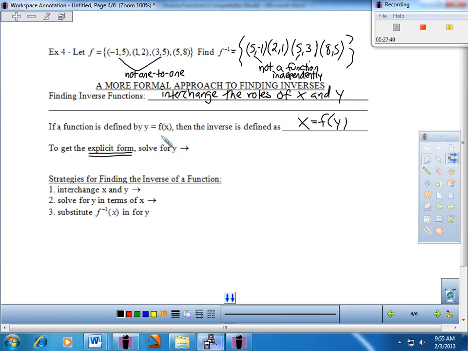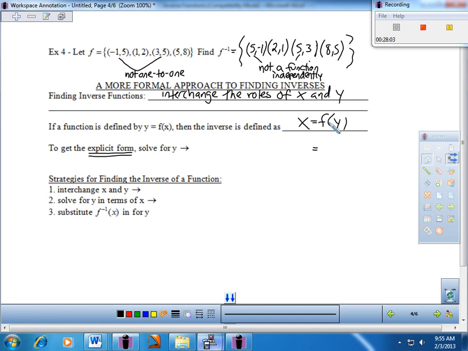So bear with me. I'm going to formalize this notation up just a touch for a moment. And if it scares you, don't worry about it, because I will break it on down in our strategies. But basically, it would work like this. This is your inverse, but it's in the wrong form. So what I'm going to do is actually solve for y and see what that's equivalent to.